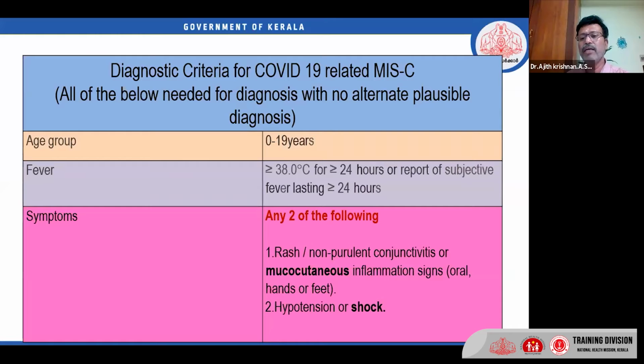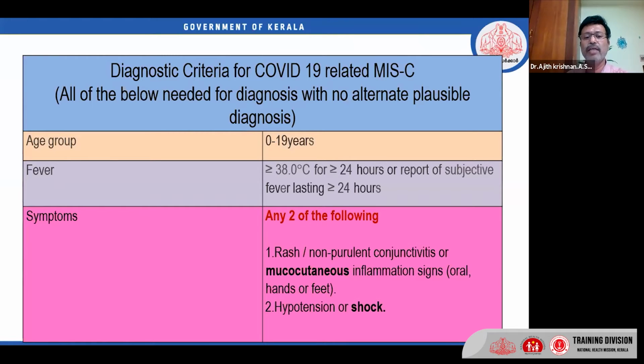Sometimes the child may come with less severe manifestations like rash and conjunctivitis and conjunctival hemorrhage and or GIT manifestation. And sometimes they will progress. Children with the mild manifestation may progress to circulatory failure, shock, and neurological dysfunction, encephalopathy.